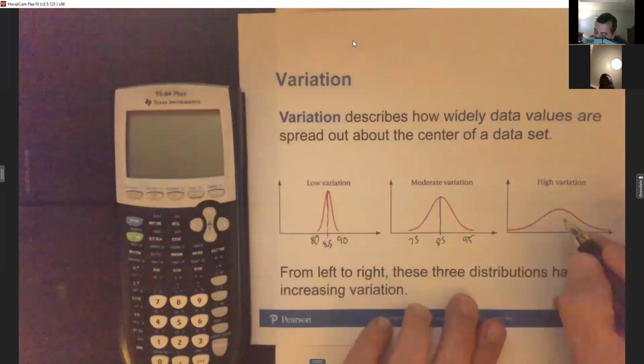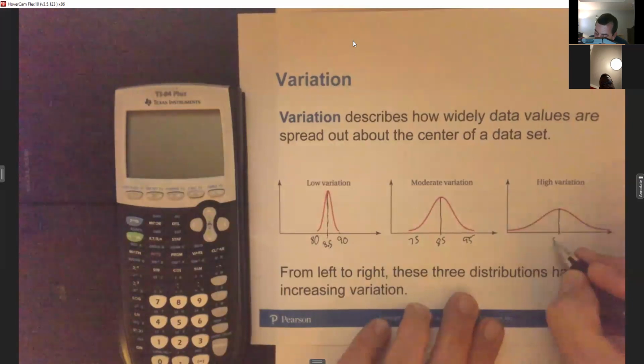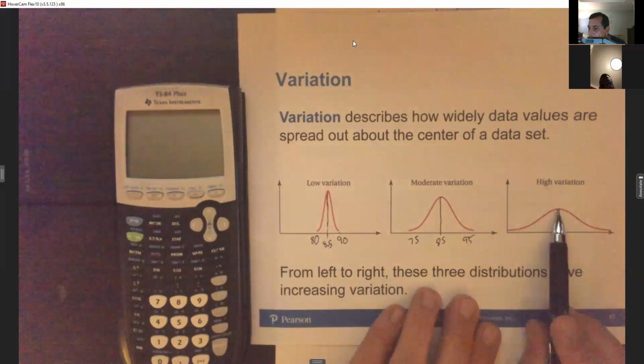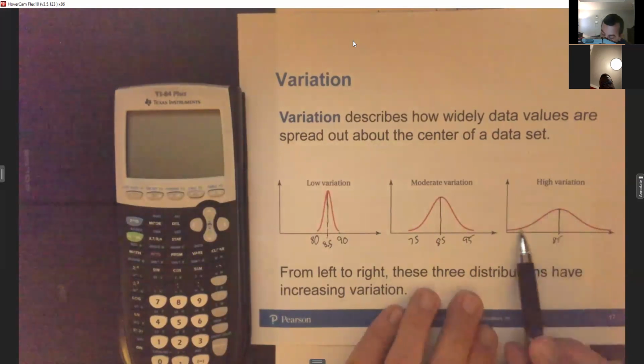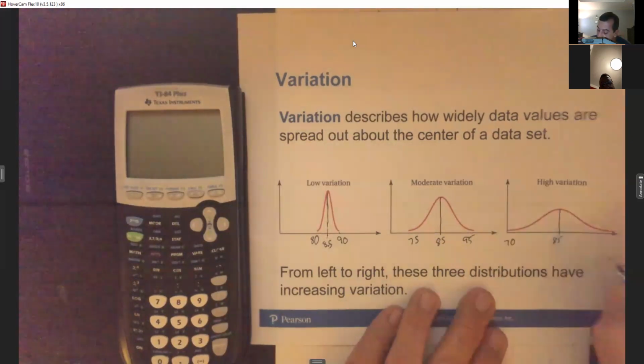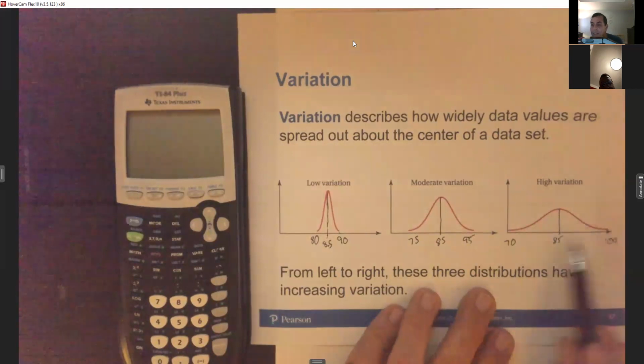All right, high variation. Say I had an 85 average, but I don't have as many averages in 85. I got more averages that might be hitting out here in the, well, we could go 70s into the hundreds, right? Might even have had 100 or 70 on these tests.